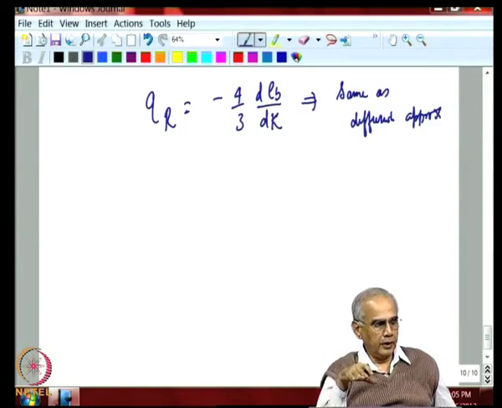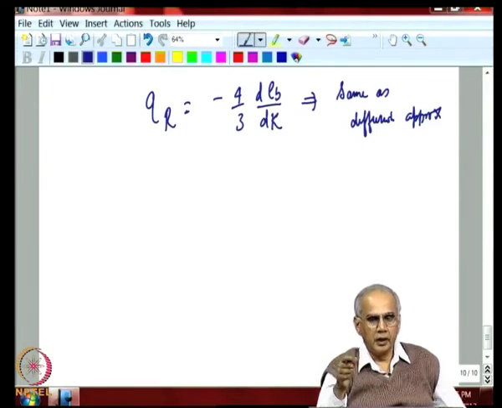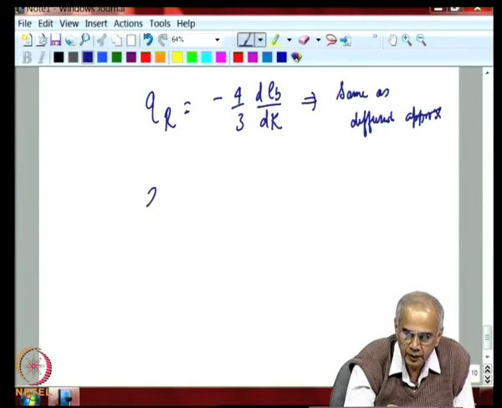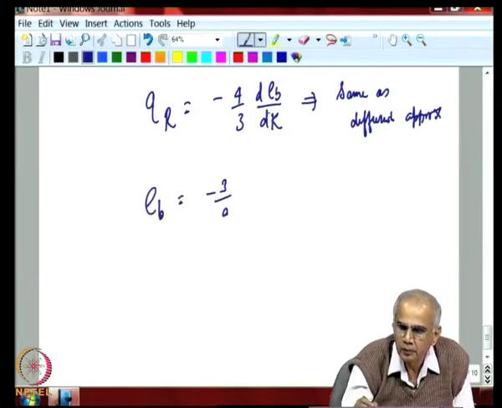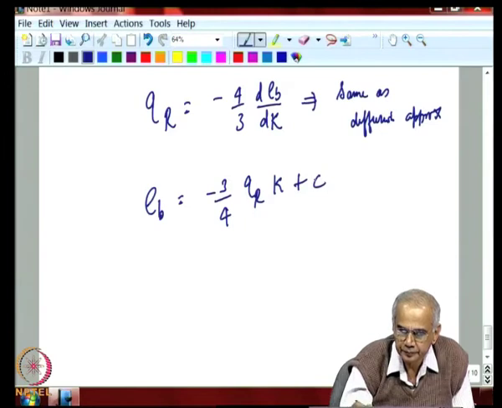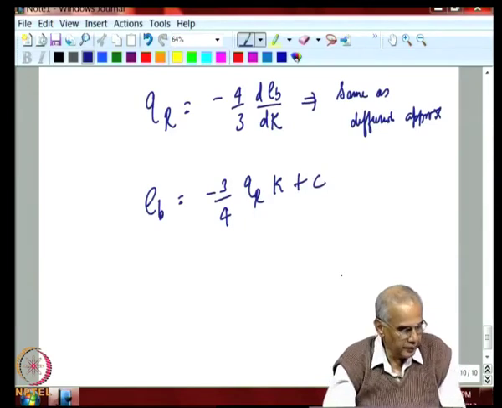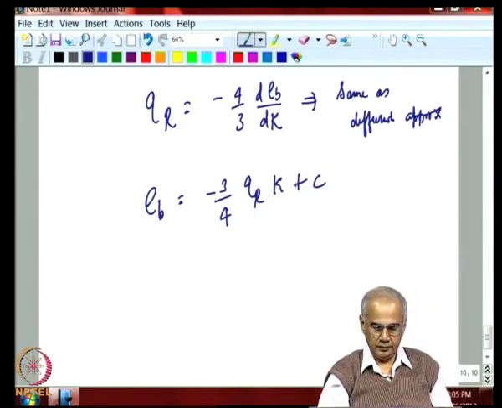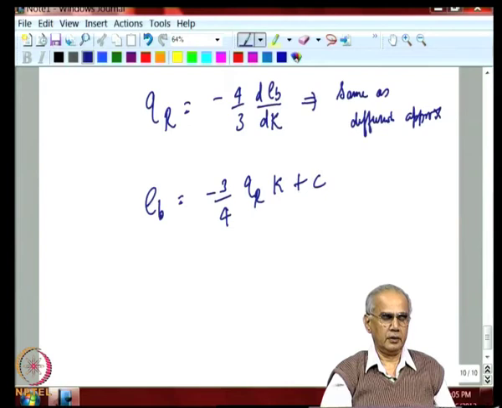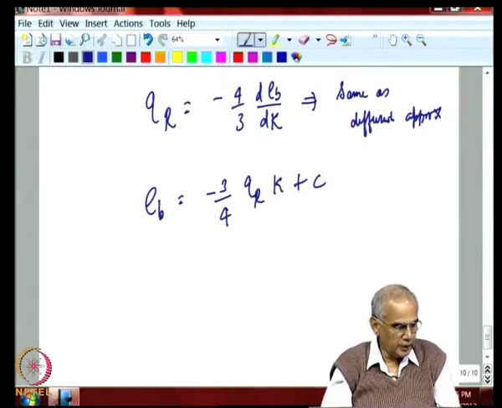Now, we can integrate the equation. We have done this many times before. So, Eb will be equal to minus 3/4 Qr kappa plus a constant, and given the boundary conditions that we have, which are the same as what we did just now, there is no difference, we will get the following result.